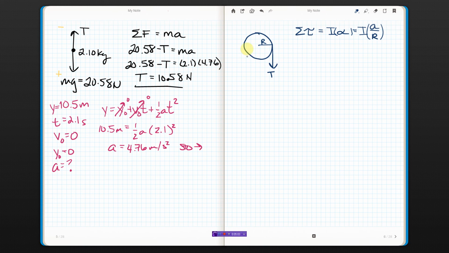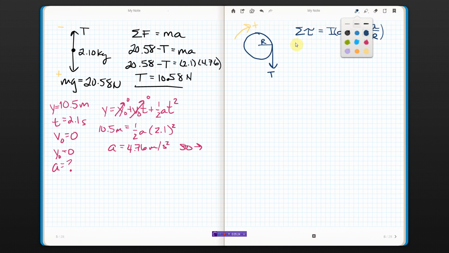I need to make the direction that this would spin match the way that the bucket would fall. So I said when the bucket falls down, that's the positive direction. When the bucket pulls down, it would cause this thing to rotate clockwise. So clockwise must be the positive direction. I know that's against our normal conventions, but this is what we're going to go with.